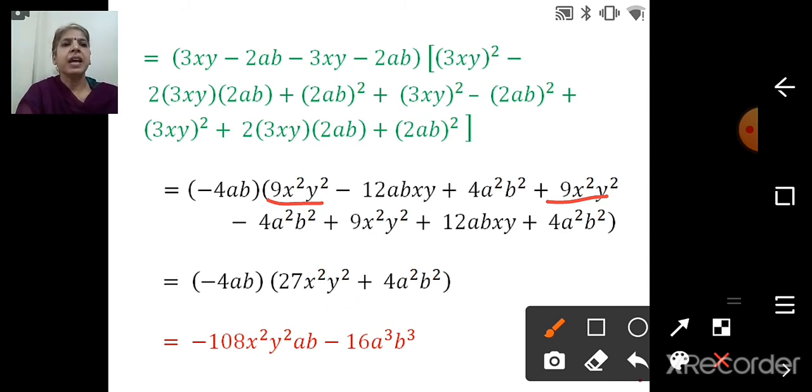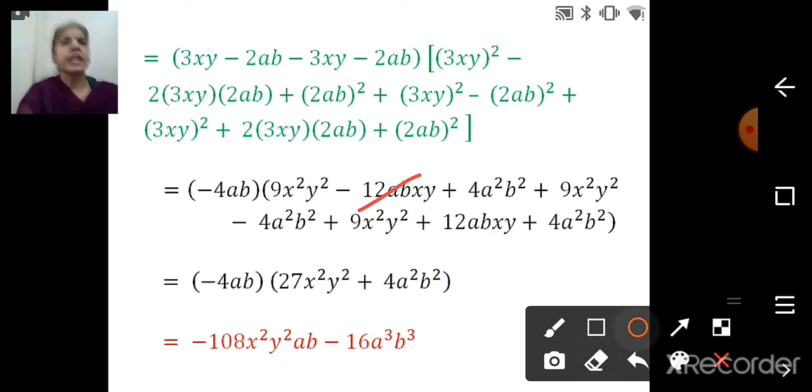And then you will have minus 12ab xy plus 12ab xy. They are like terms, but sign is different. So minus 12ab xy and plus 12ab xy will become 0. So they will get cancelled, 0.